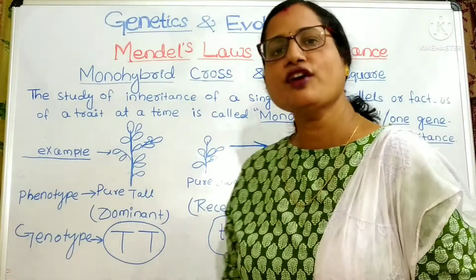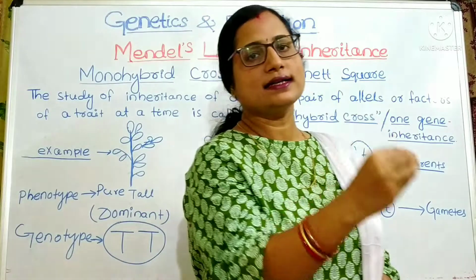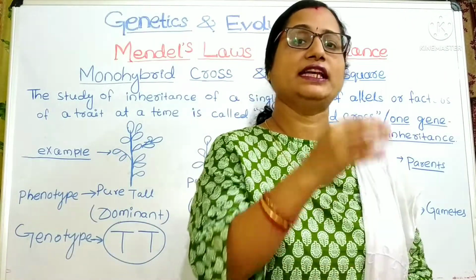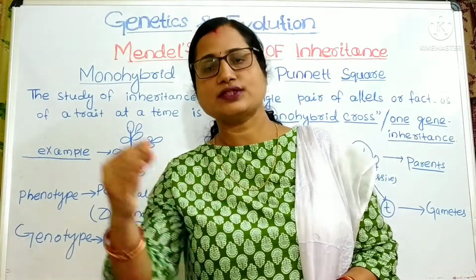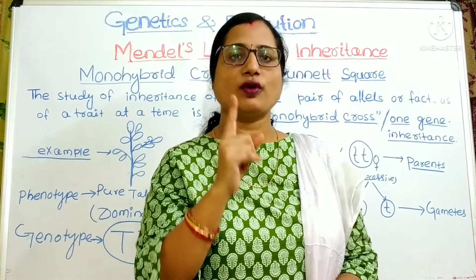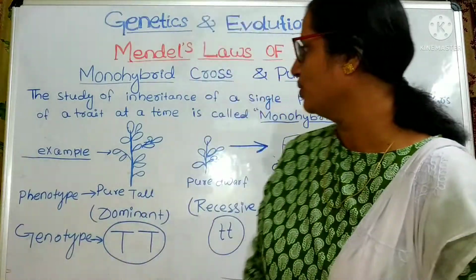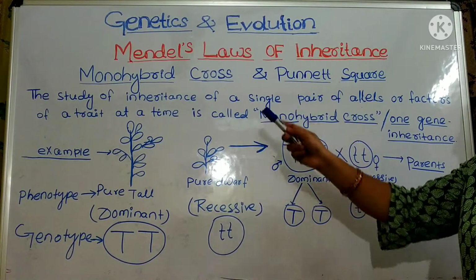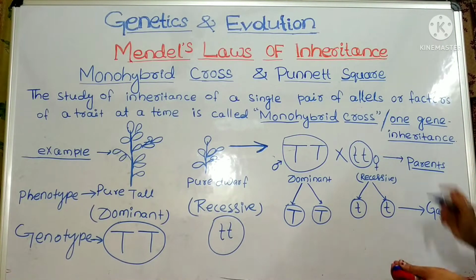The study of inheritance of a single gene, or a single character, from one generation to another generation at a time is known as monohybrid cross or one gene inheritance.